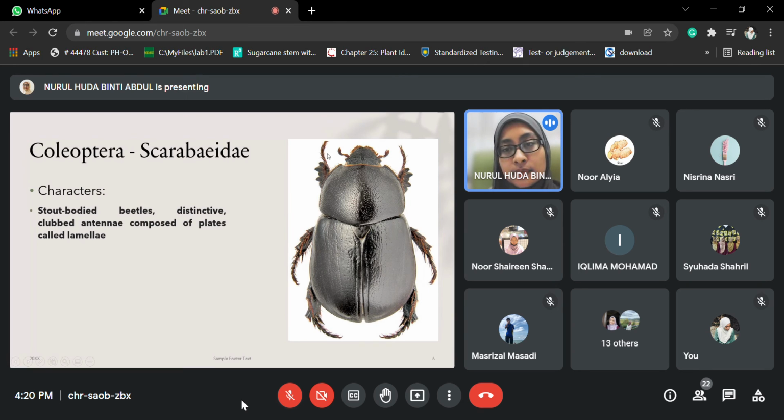Okay. So that's why kalau kamu nampak dia macam kaki bentuk macam ni, tibia dia totally different like other tibia segment kan, macam kita tengok yang Chrysomelid tadi, because it's modified solely for digging, untuk menggali. Okay, so let's move to other sample.